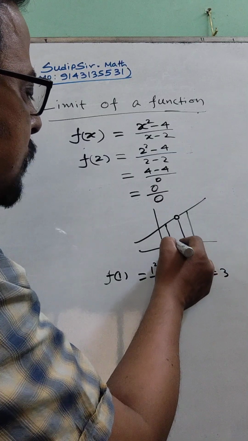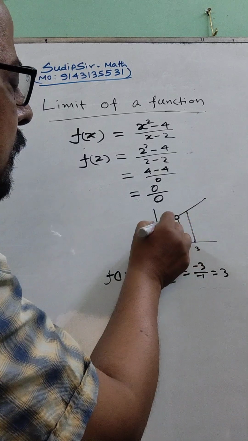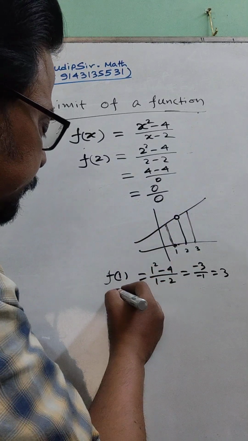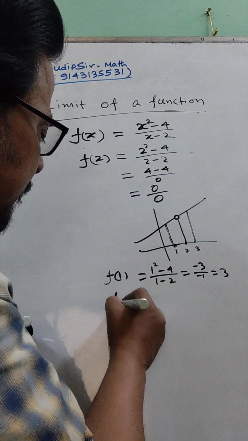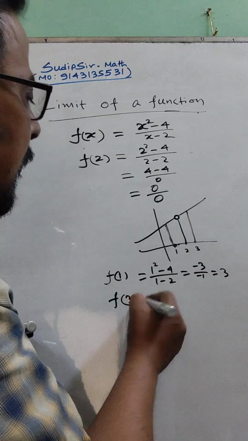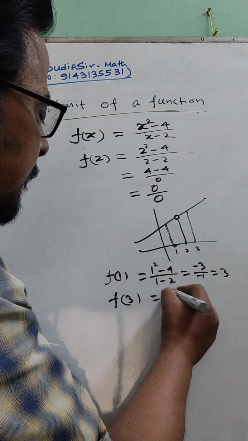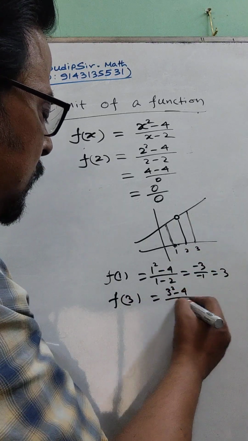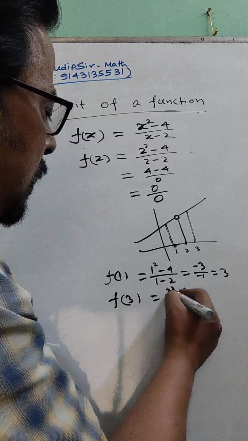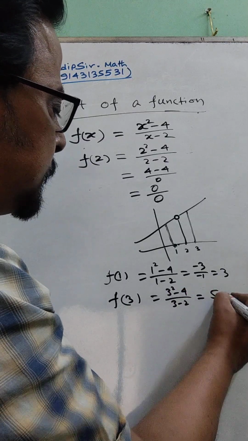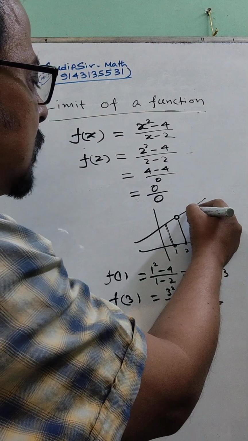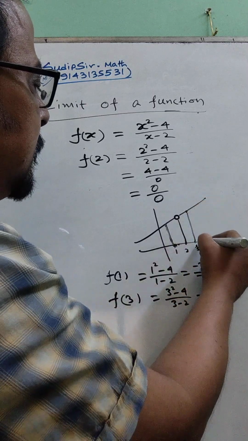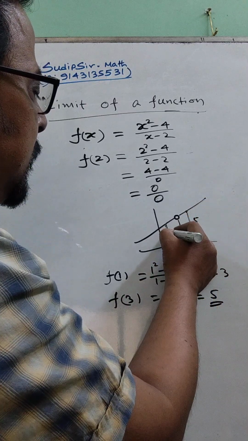So at 1 we can get 3. Again at 3, that is (3 square minus 4) by (3 minus 2), 9 minus 4, that is 5. So at 3 also we can get 5. This height is 5, this is 3.